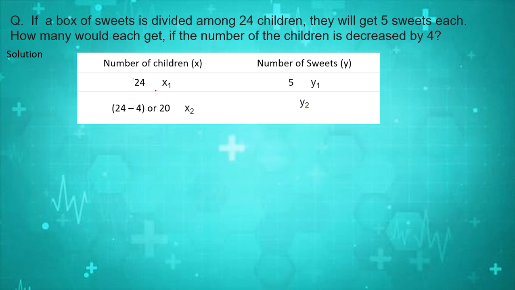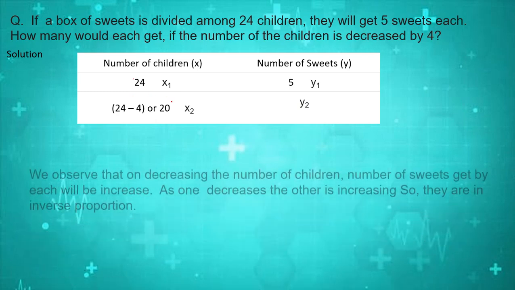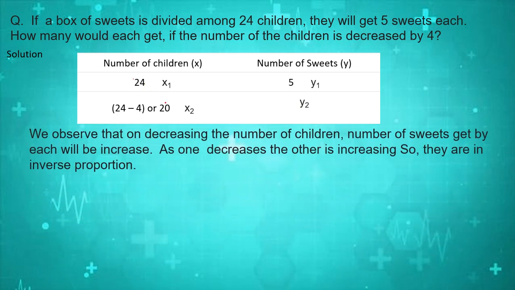So clearly in this problem we are observing that the number of children decreases from 24 to 20, so each child will get more sweets. That means if this is decreasing, this quantity will definitely increase. So this is a problem of inverse proportion.